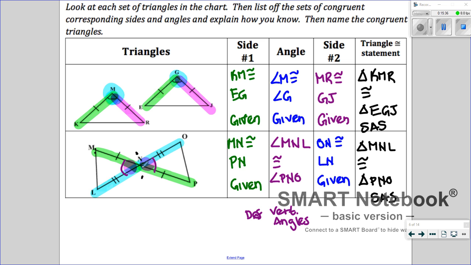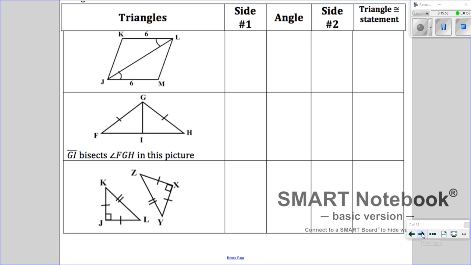If there's only one triangle, you can put angle M or angle L, then I know it's for that one triangle. But if there's two triangles put together and they share a common point, you need to specify the three letters for that angle. So this one's MNL, and then PNO. You need to specify. All right, let's do one more.